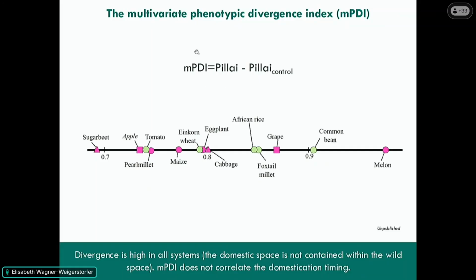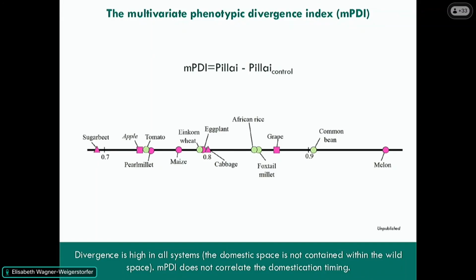And we developed an index that we call the multivariate phenotypic divergence index, which is simply the Pillai trace computed on all traits minus the Pillai trace computed just on this control trait. And then after computing this index, we ranked all our species based on it.